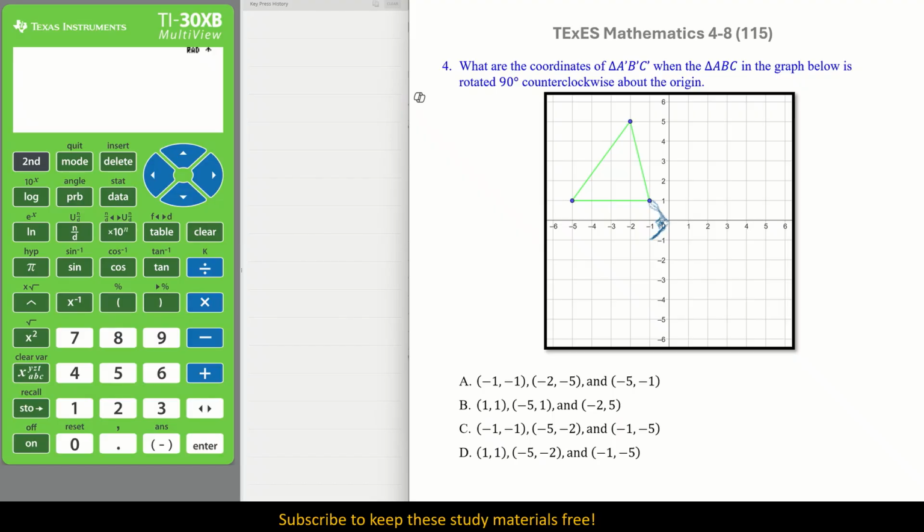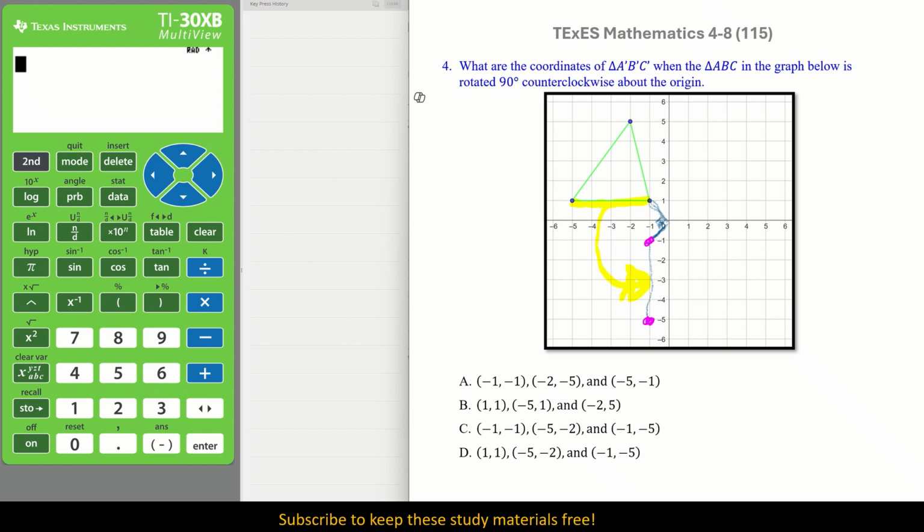We discover that our new point would be -1, -1. Then if we keep rotating, that base should end up in a line coming down from that dot. It would move 4 points down to -5, which would be right here.